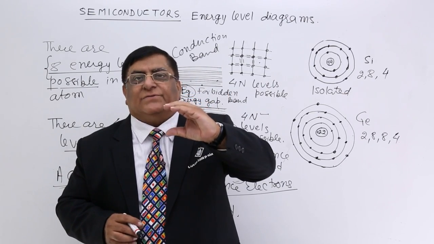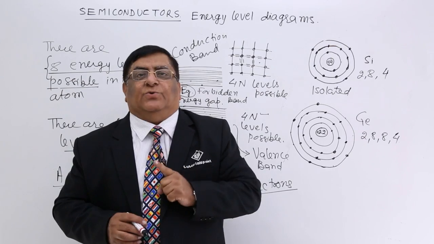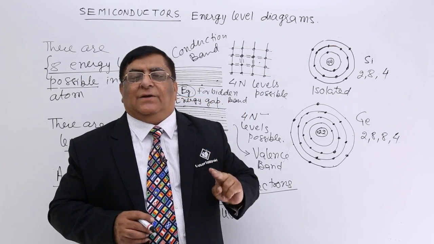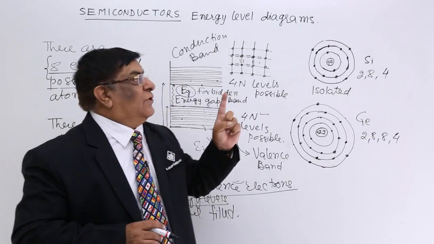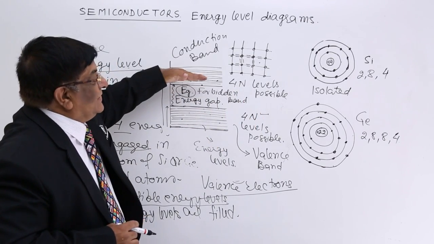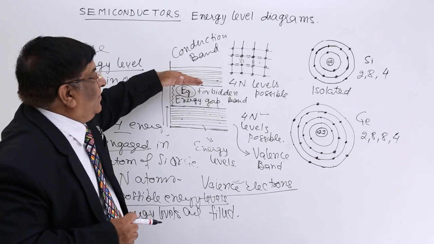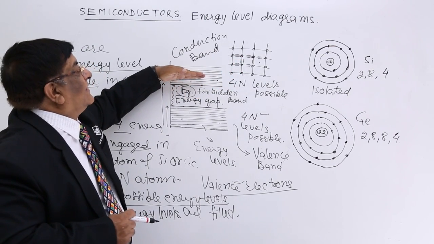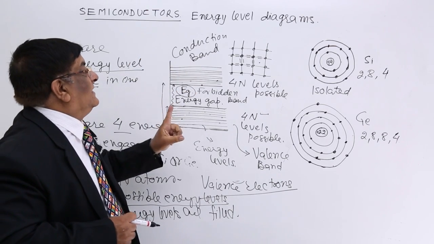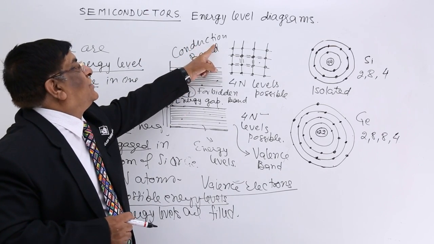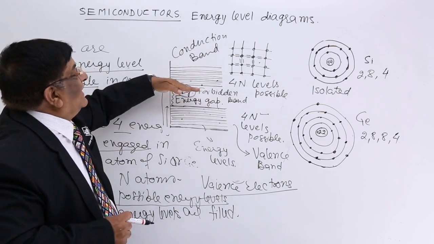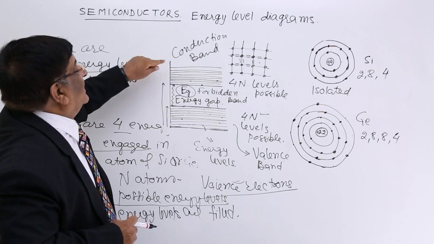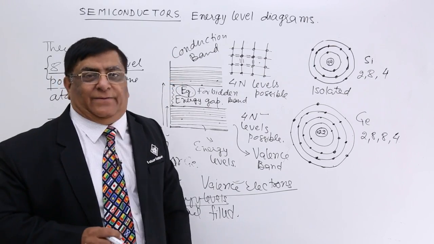One group of electrons carries energy which can do only valency fulfillment, that is bonding work. Another group of electrons has higher energy. They have left the orbit, they move in the crystal, and with the electric field they can conduct electricity. We call them conduction electrons, and their energy levels are in the conduction band. This high energy level is for the conduction band.